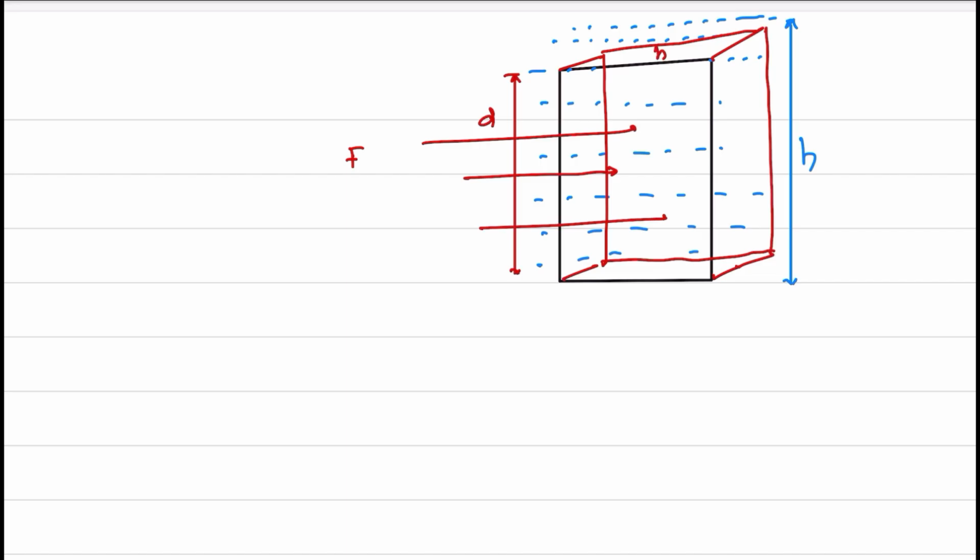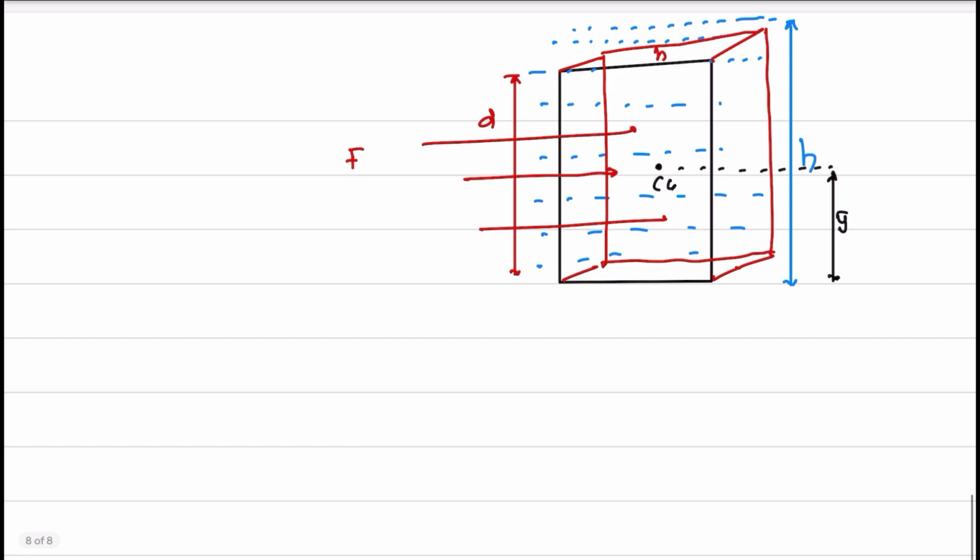This is the center of gravity, from the bottom it is y bar, and from the top of the surface it is y bar dash.